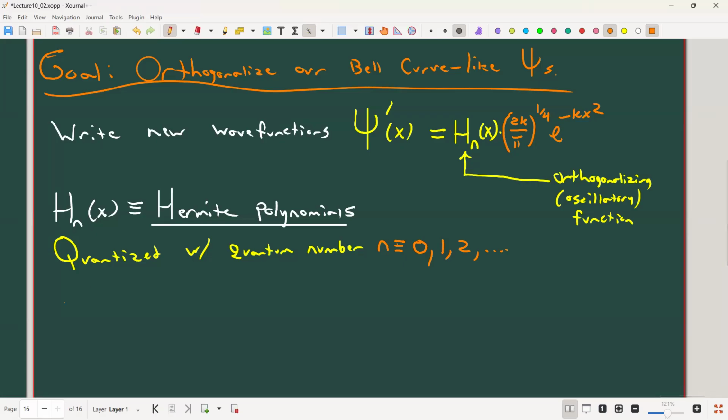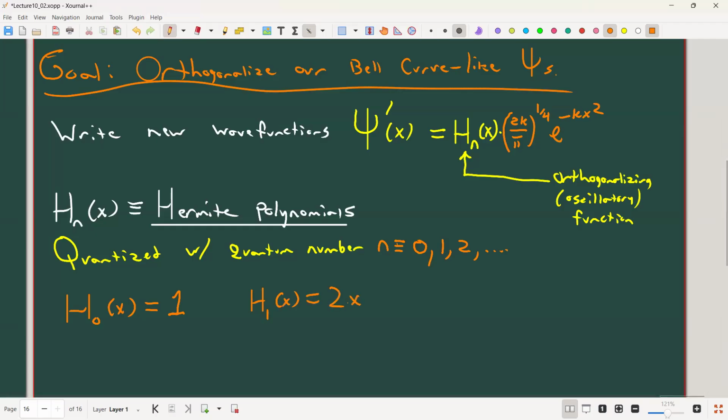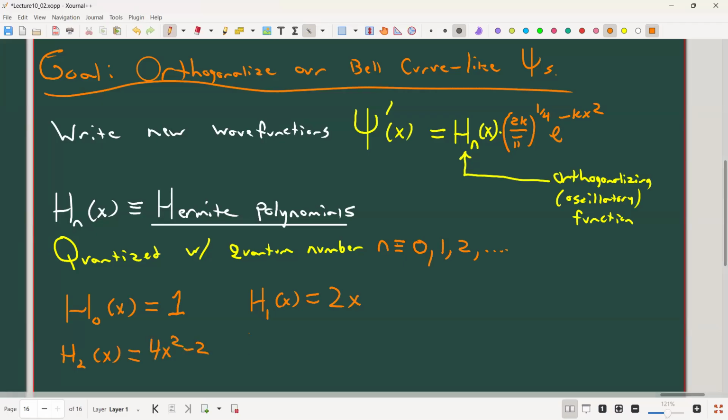And the functions are very, very simple. I'll just write them down. H0 of x is the easiest function in the world. It's the number 1. H1 of x is 2x, also easy. H2 of x is 4x squared minus 2.